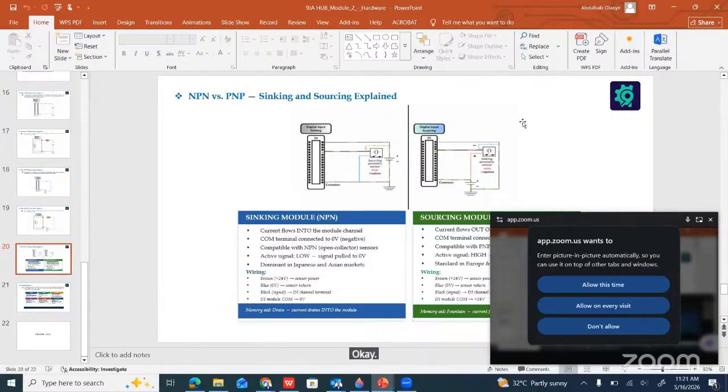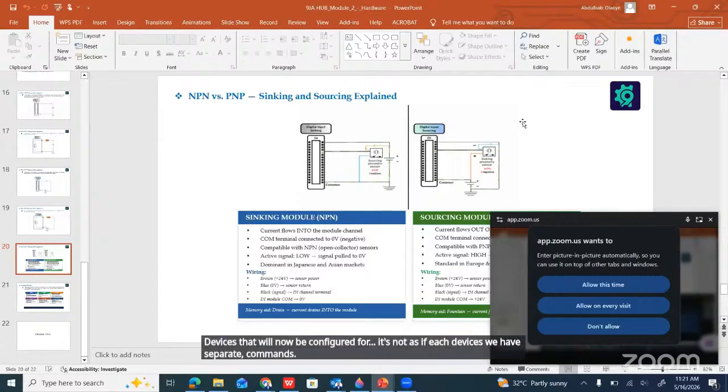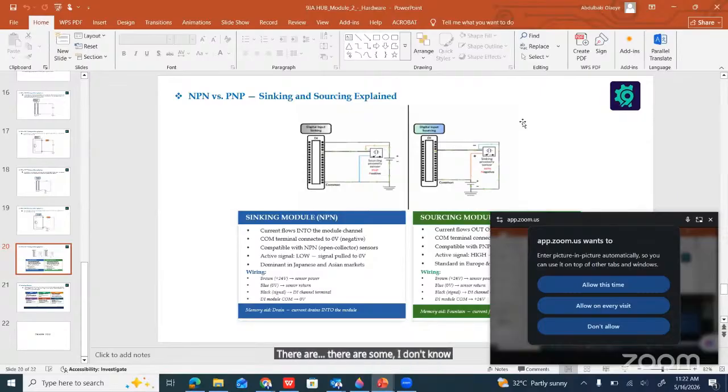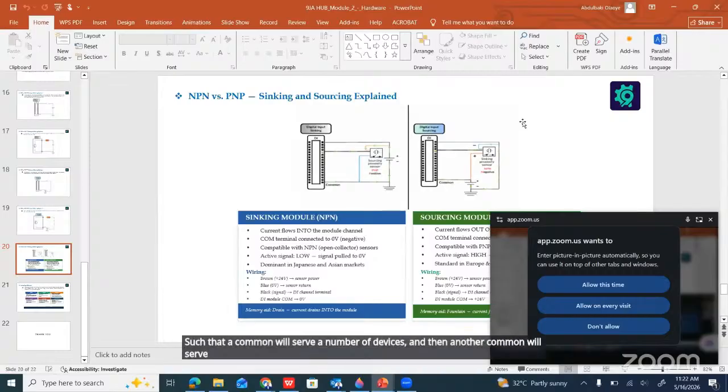For your first question, it's not that each device has a separate common. However, depending on the PLC, the commons are sometimes broken into groups, such that a common will serve a number of devices, and then another common will serve some other devices.